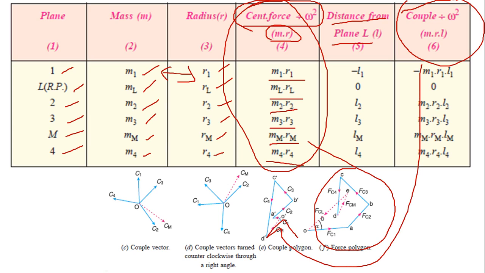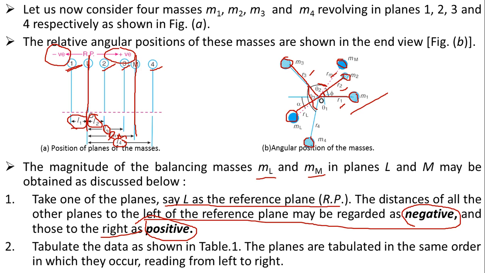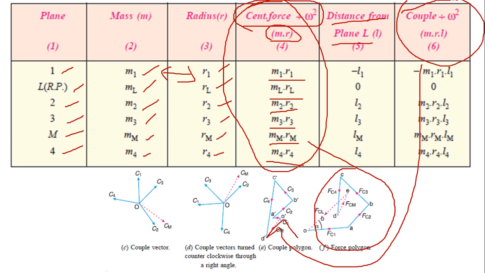So let us see how these planes are considered. This is the reference plane, which means it will be 0. The left side, the length is given as L1 here, and it will be a negative value, so it is minus L1. Then this is the reference plane, so this will be 0.